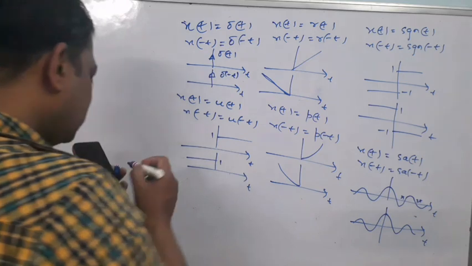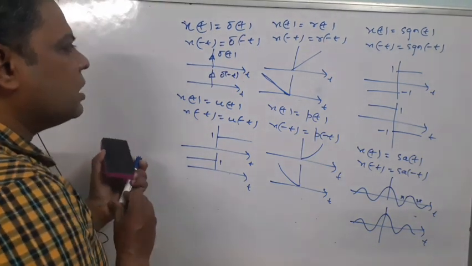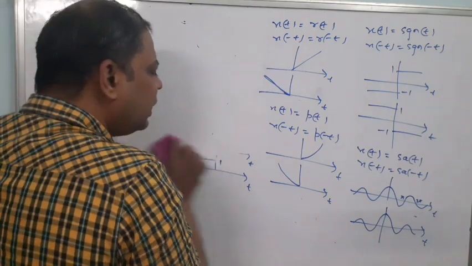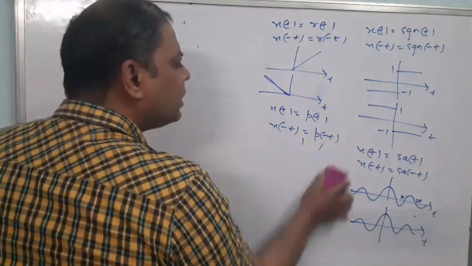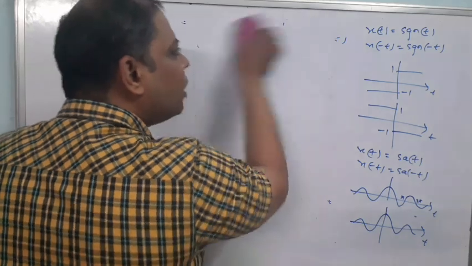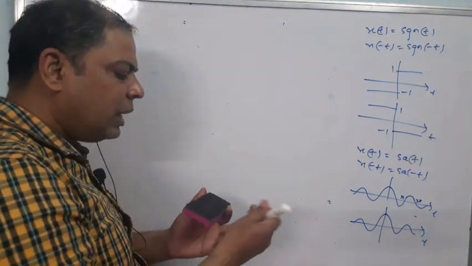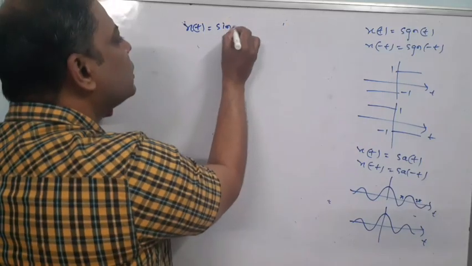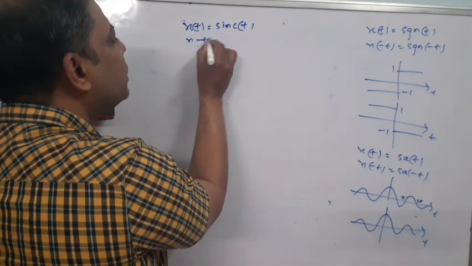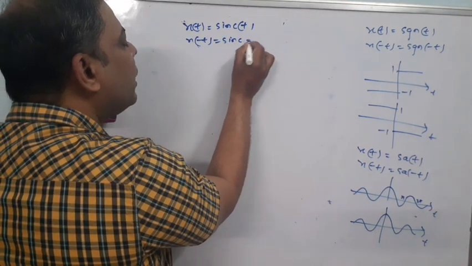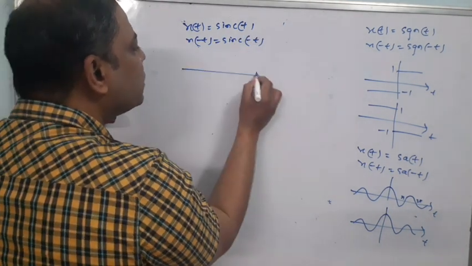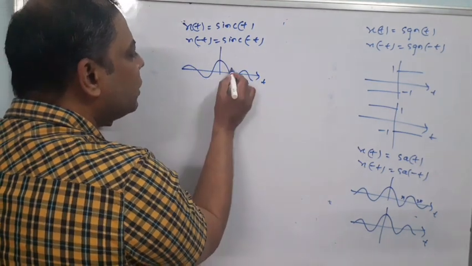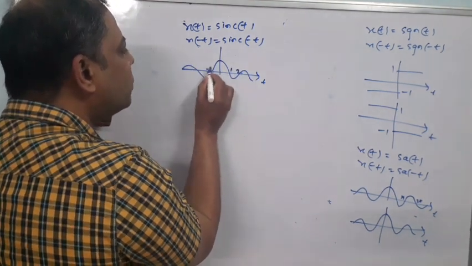Similarly, you can sketch for the sinc function. Suppose x(t) is equal to sinc(t), then how to get sinc(-t), or x(-t)? Now x(-t) is your sinc(-t). The sinc function is known to you, same shape as the sampling function, but here it is 2, 1, minus 1, minus 2.